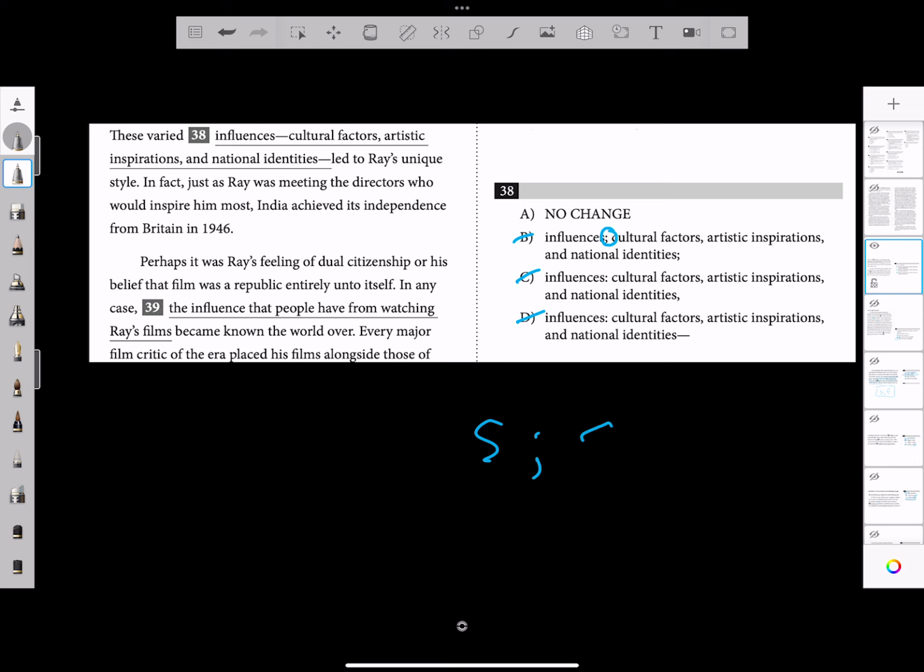Semicolon separates sentence and sentence. The colon needs a sentence before. Sentence, colon, and then list or an idea. So it's got to be A, which works nicely with the double dash. We can get rid of the double dash and everything in between. So we'll get rid of all of this. These varied influences led to Ray's unique style. It works perfectly if we remove that stuff.